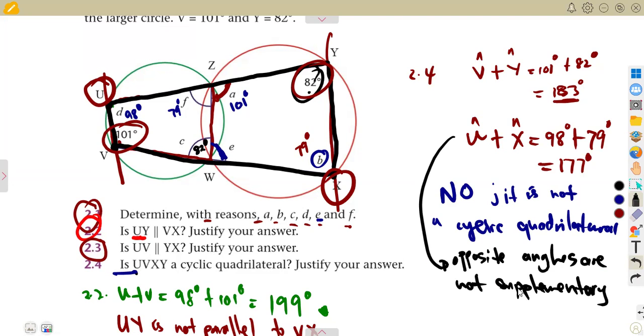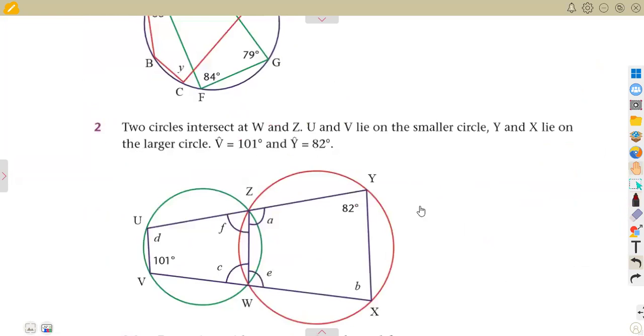If these opposite angles were adding up to 180, it means it was going to be a cyclic quadrilateral. But because they do not add to 180, they are not supplementary. That means this quadrilateral is not a cyclic quadrilateral. That is to justify your answers. So with this information, you can obtain full marks.